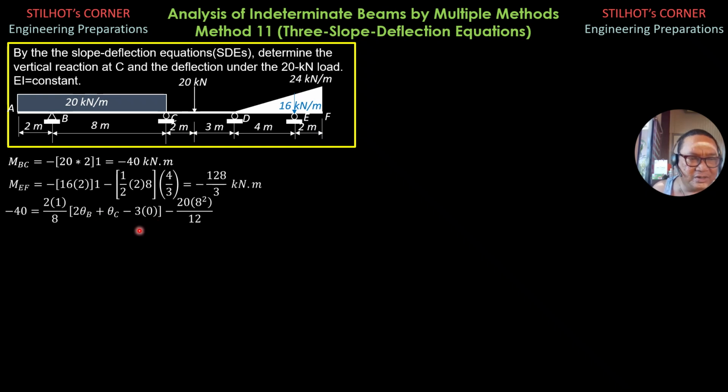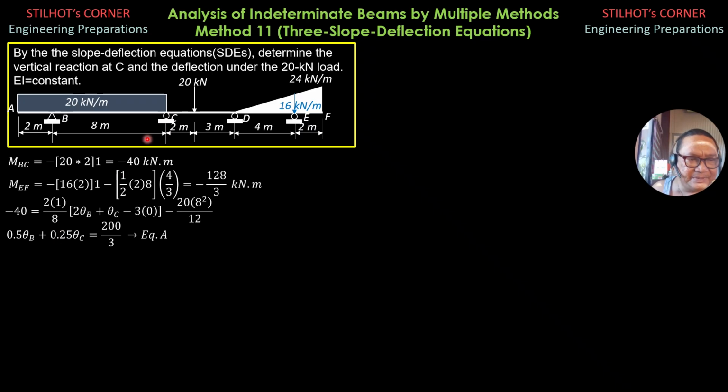So simplifying, 0.5 theta B plus 0.25 theta C is equal to positive 200 over 3. Call that equation A, one working equation. Next, we have to set up MCB. We just interchange coefficients.